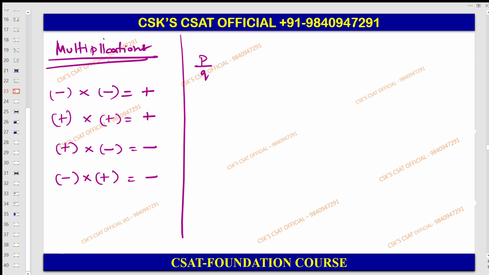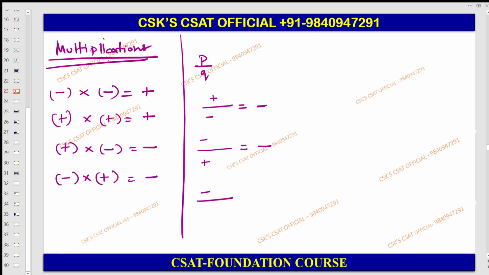It applies in the p by q form also, which means division form. So plus in the numerator and minus in the denominator, the resultant will be a minus. Vice versa, minus by plus is also a minus.